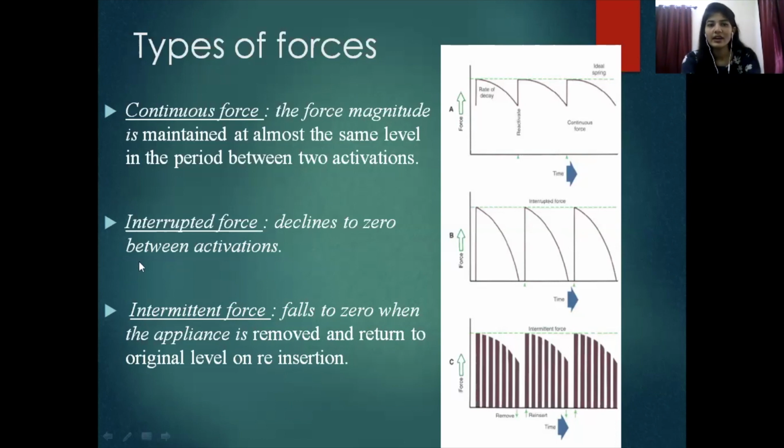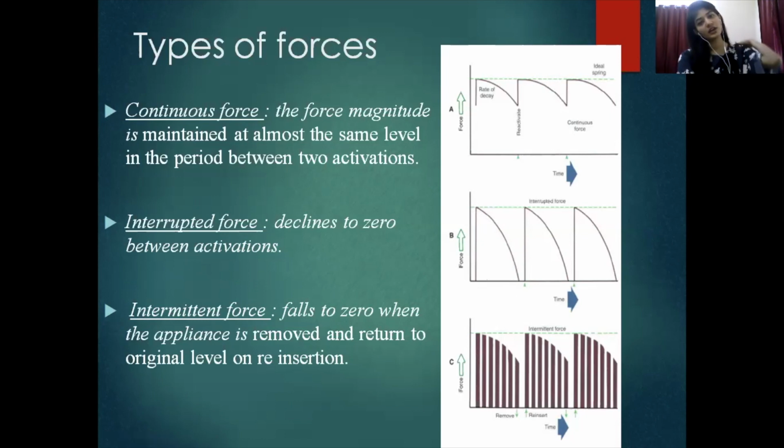When you come to the interrupted forces, it declines to 0 between two activations. So the force goes to its peak, and at the point of second activation, you can see this lag from point A to point B, there is zero force for some period of time acting on your teeth.